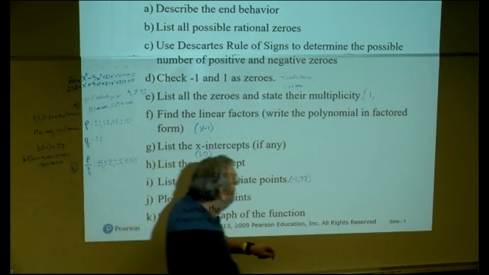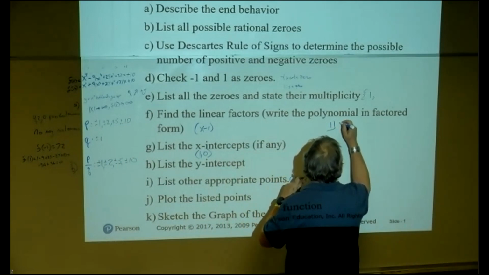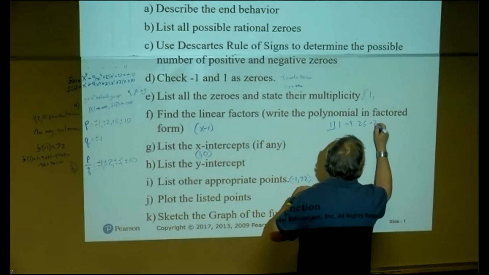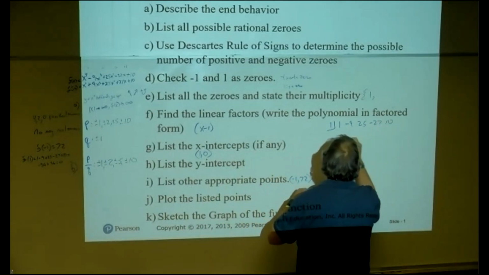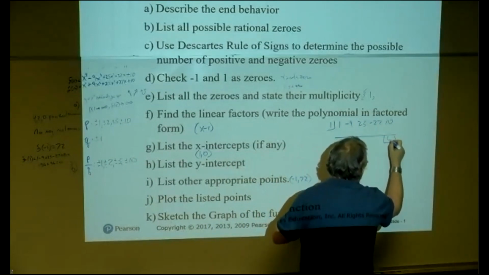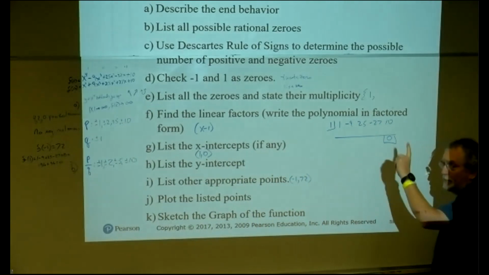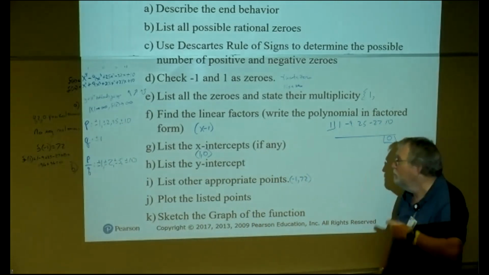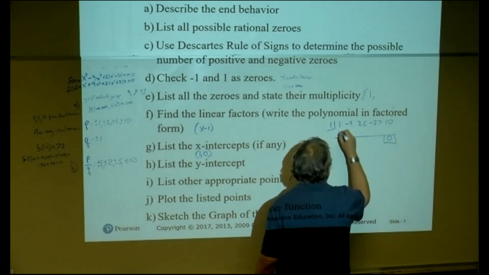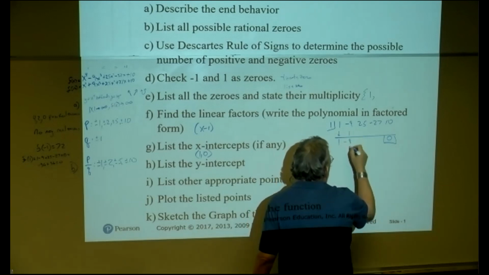Nice, huh? So now we do synthetic division with 1, and my coefficients are 1, -9, 25, -27, and 10. And I know my remainder down here damn well better be a 0. The remainder theorem tells us that. And so we bring down this 1, multiply by 1 gives us 1. That gives us a -8.